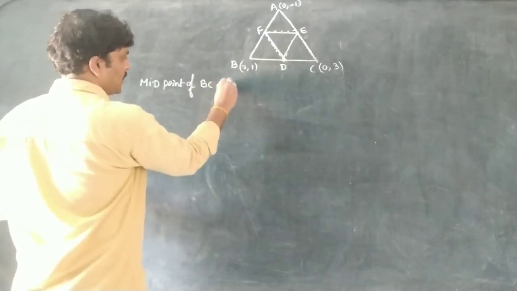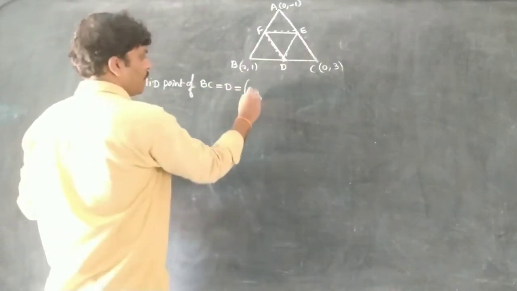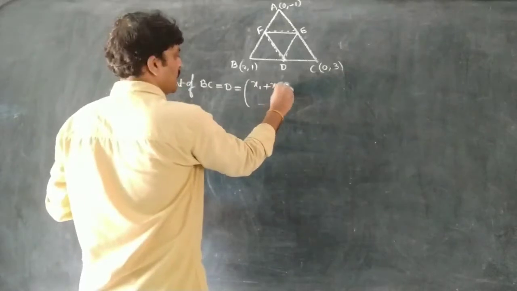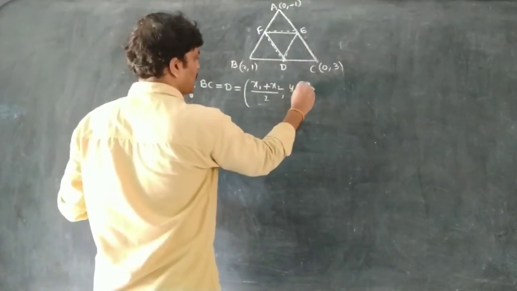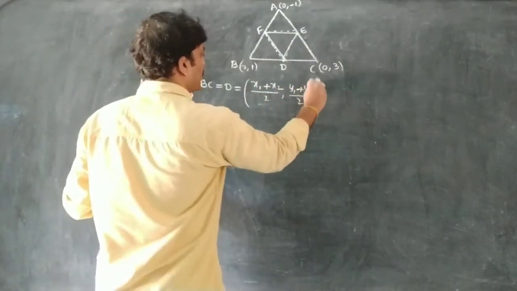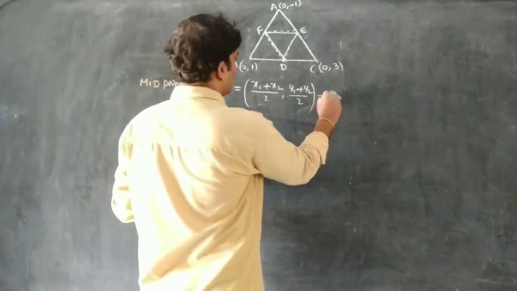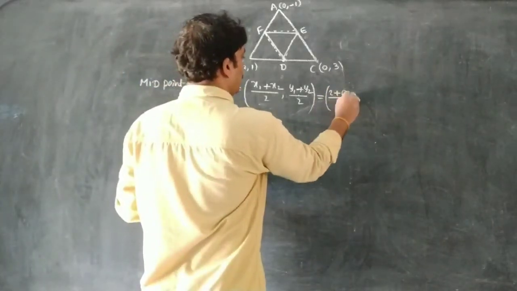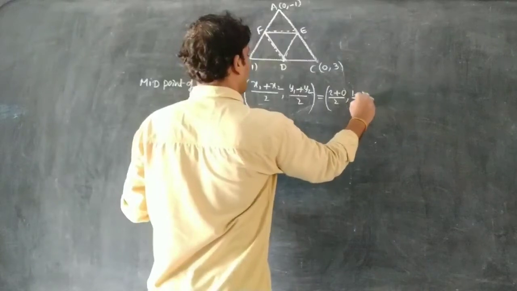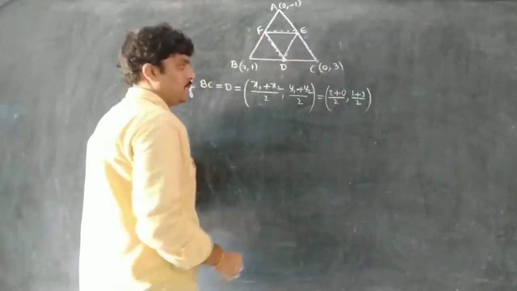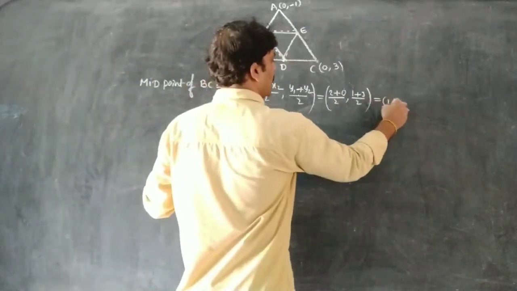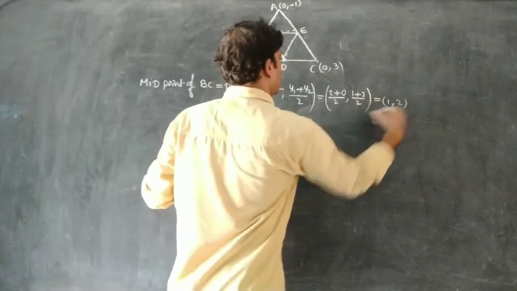Midpoint of BC, that is equal to D. We have formula x1 plus x2 by 2, y1 plus y2 by 2. That is written as 2 plus 0 by 2, 1 plus 3 by 2. 2 plus 0 is 2. 2 by 2 means 1. 1 plus 3 by 2, 4 by 2 is 2.